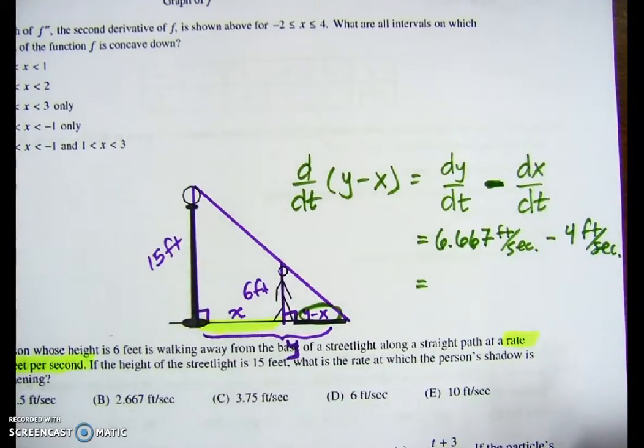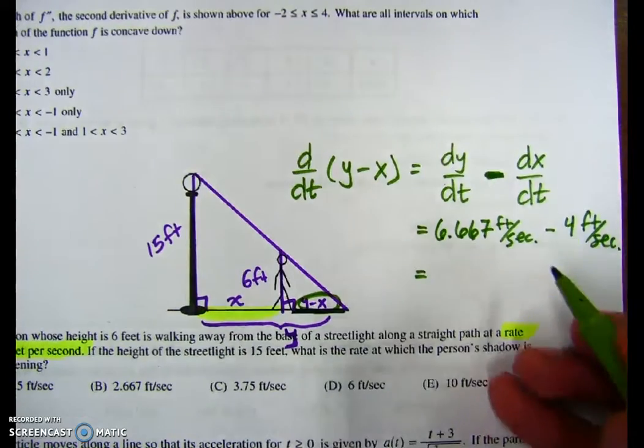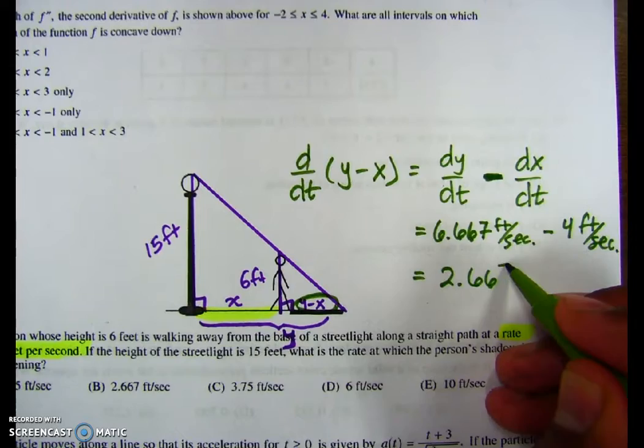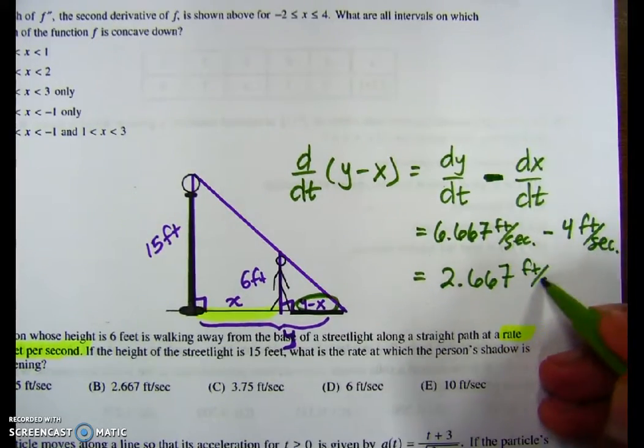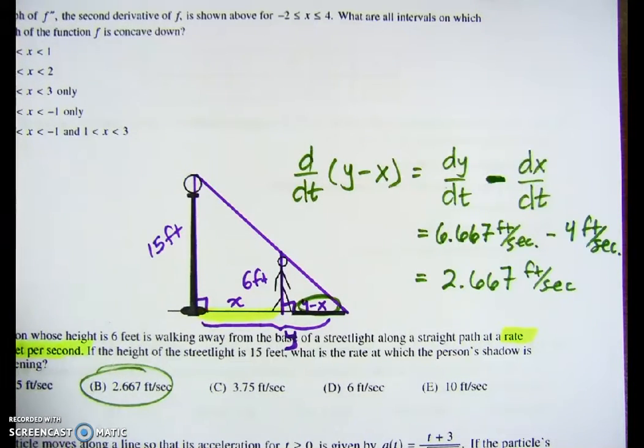So once we do that, we get 2.667, and it's in feet per second, so it's B. Okay, and that's that problem.